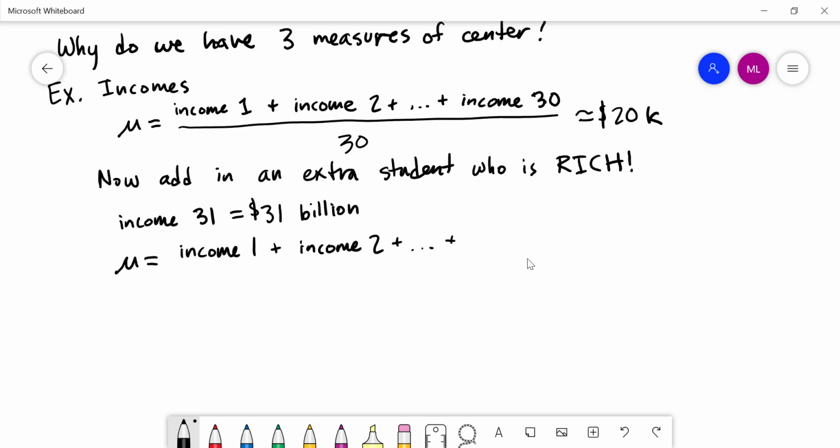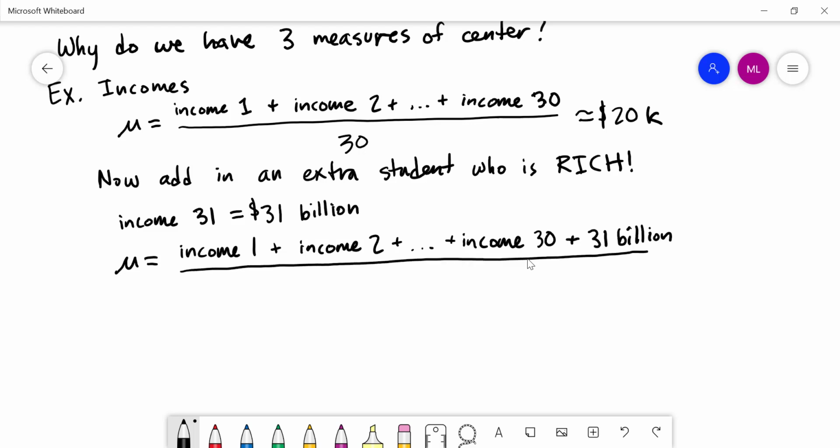We're adding up those same values, which I haven't specified, I'm just ballparking, but then we're adding in that last one here, which is going to be $31 billion. And now, instead of dividing by 30, we need to divide by 31 because we have that one extra income over here. So this is really the only change we've added, and then this number is ever so slightly changed down here.